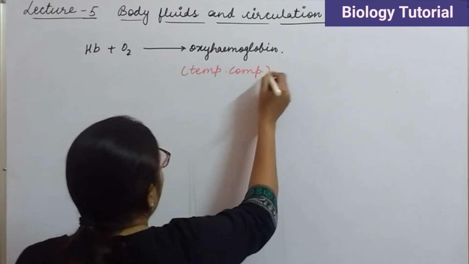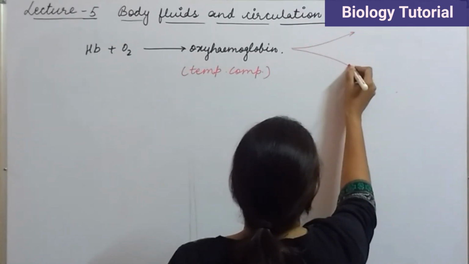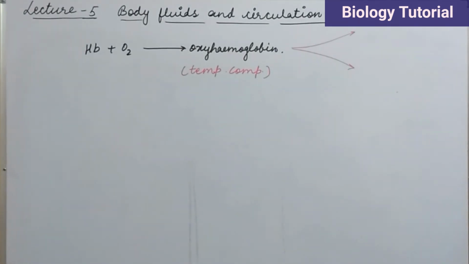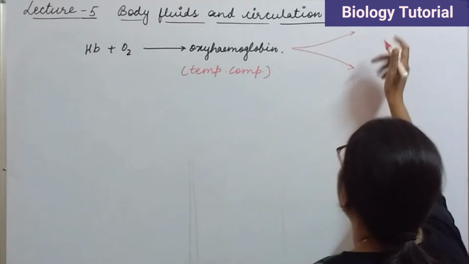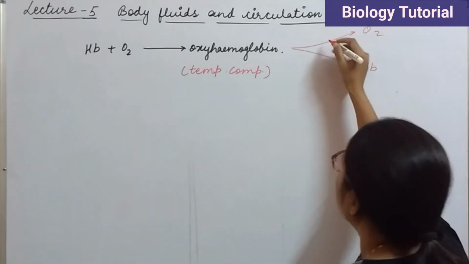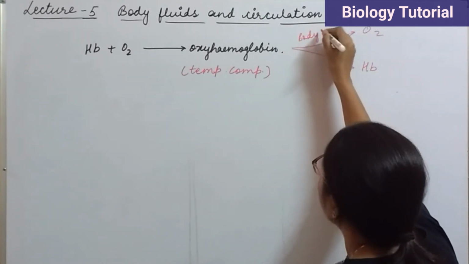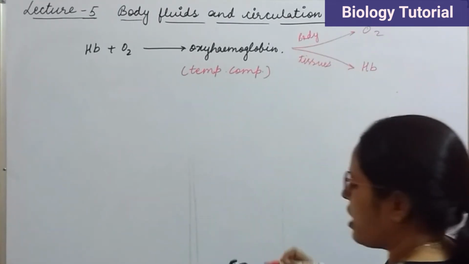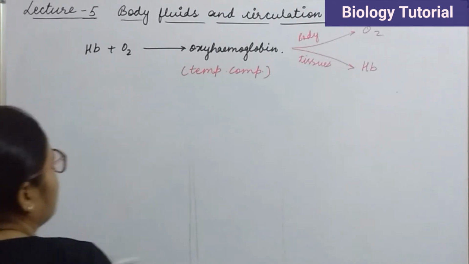This temporary compound again breaks down into oxygen and hemoglobin part. So whatever it was formed from, it breaks down into the same, oxygen and hemoglobin part. This process will take place in the body tissues. And this oxygen is utilized by the body tissues for the breakdown of the food particle.